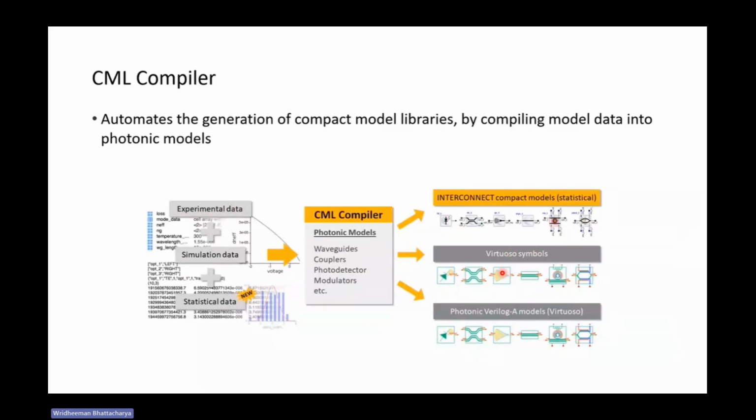In EPDA, it has an interface with Cadence Virtuoso, so we could integrate it into Cadence and do our electronic photonic design automation there. It also has photonic Verilog-A models in Virtuoso. So we could have our built-in compact library.